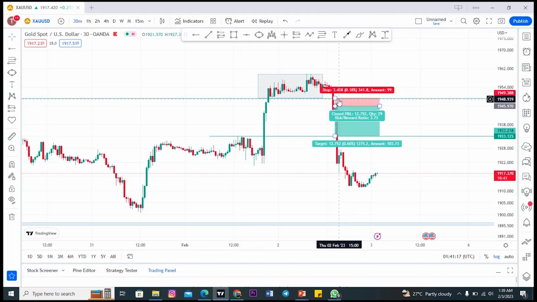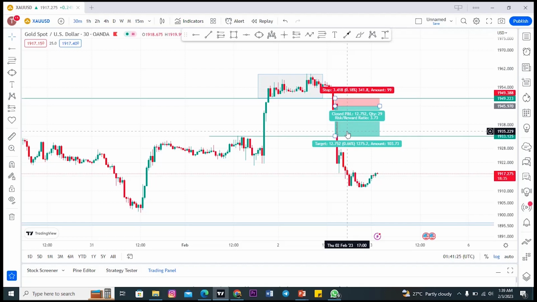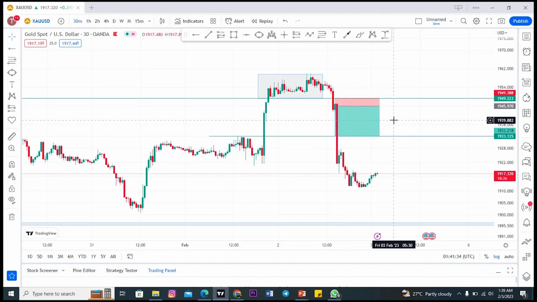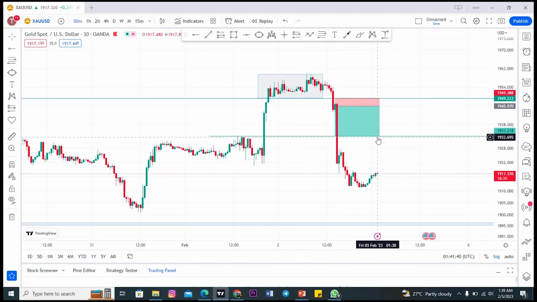My stop loss was a 30 pip stop loss, and this trade was like a 1 to 3 or 1 to 4 risk to reward. So I was able to get some profit out of the market very quickly.